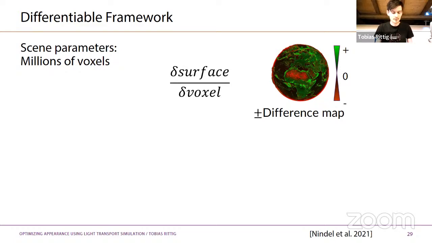In fact, it computes the partial derivative of the surface with respect to each single voxel. So you can pack this partial derivative into a gradient descent optimizer, such as Adam or Adagrad, whatever you want to use. You all know them from your machine learning work, and be done with it.